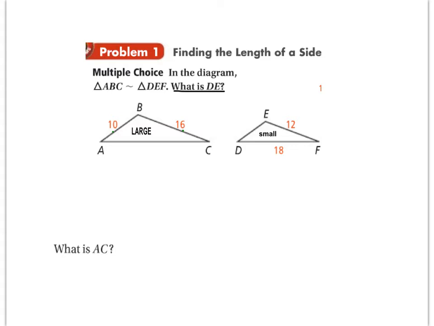It says in the diagram, triangle ABC is similar to triangle DEF. What is DE? So guys, since we are really looking for DE, we don't know what that is, in my figure, I'm going to go ahead and mark DE as an X. And now I need to set up a proportion.